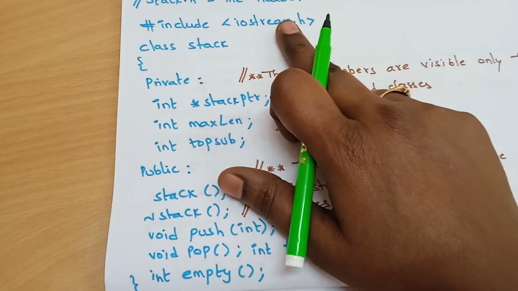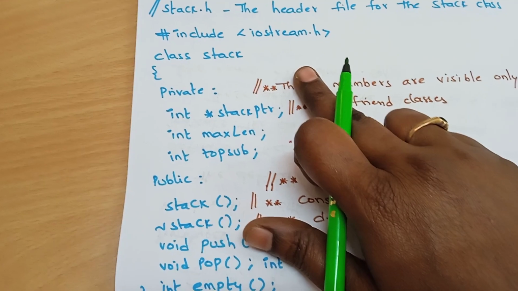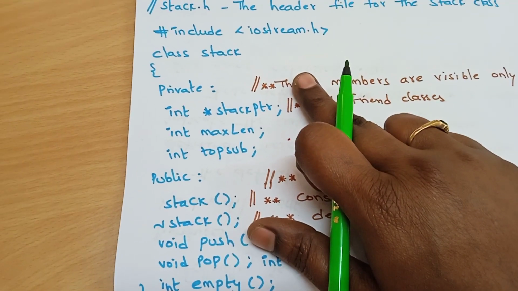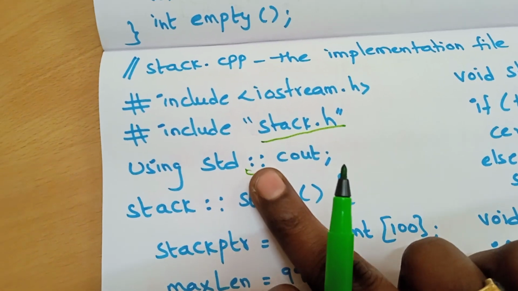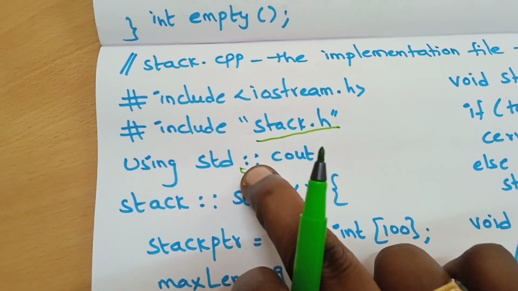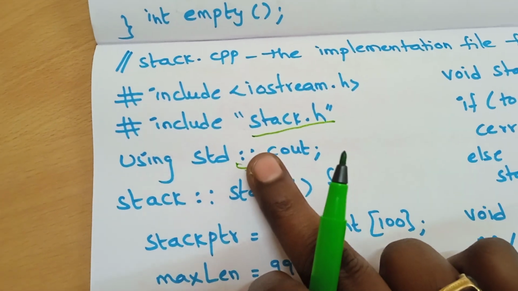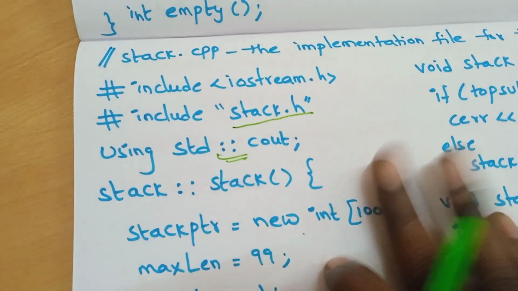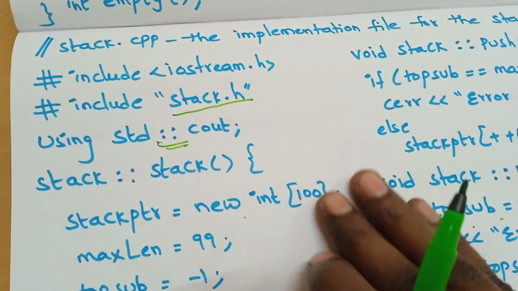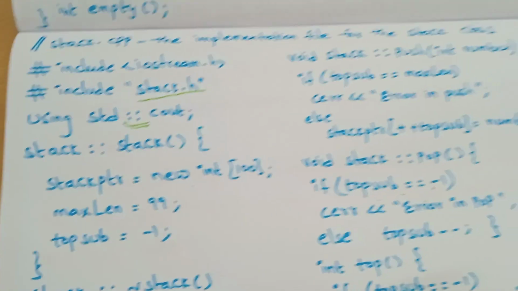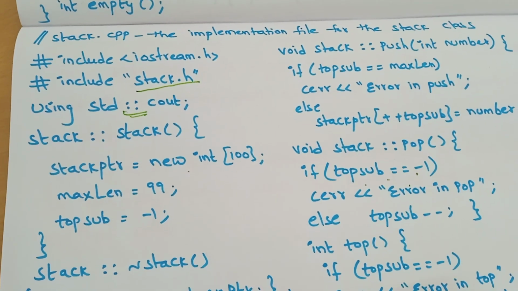The definitions of the member functions follow the class definition, and these use the scope resolution operator to indicate the class to which they belong. So this is the second way of writing stack ADT using the C++ programming language. Thank you all.